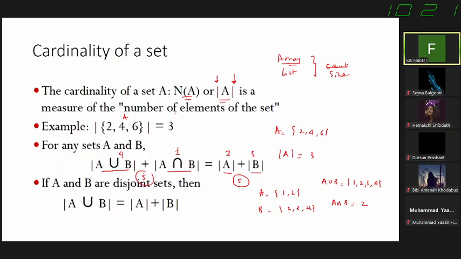So they are equal. If A and B are disjoint, let me just change it to a different situation now.